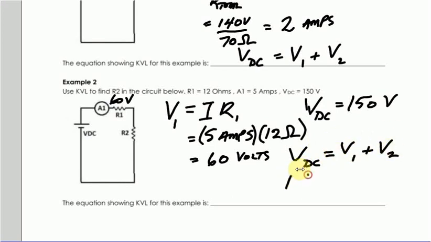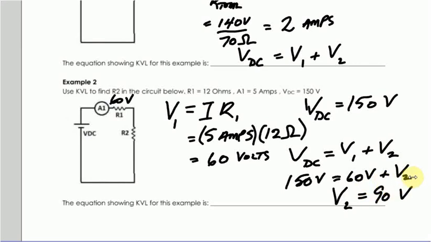Well, if this is 150 volts, and I know that V1 is 60 volts, I could figure out V2. So V2 is equal to, well, subtract 60 from both sides, solve the equation, and V2 must be equal to 90 volts.